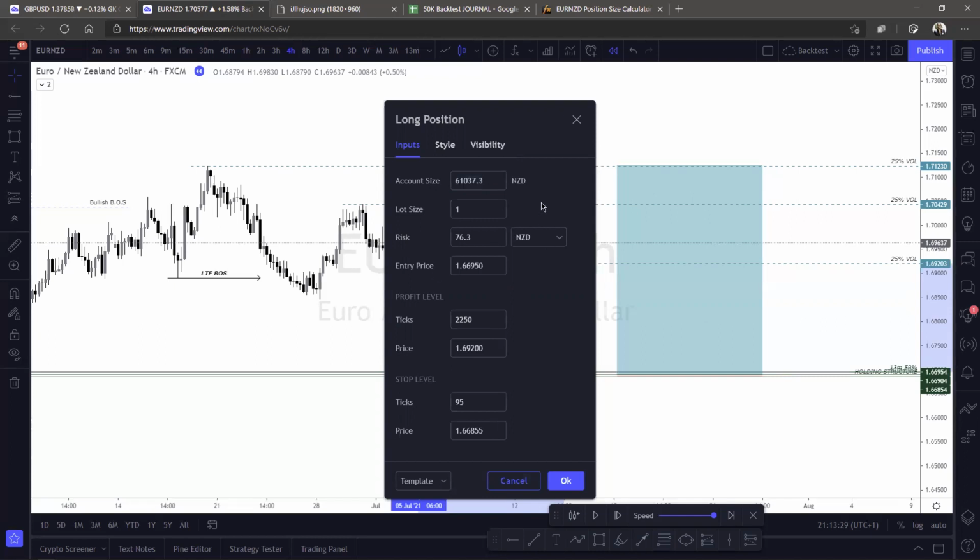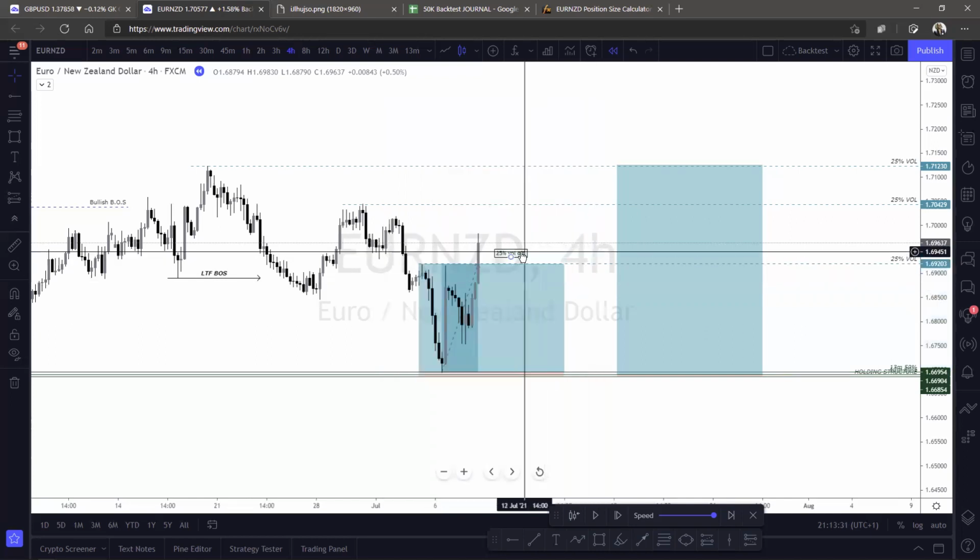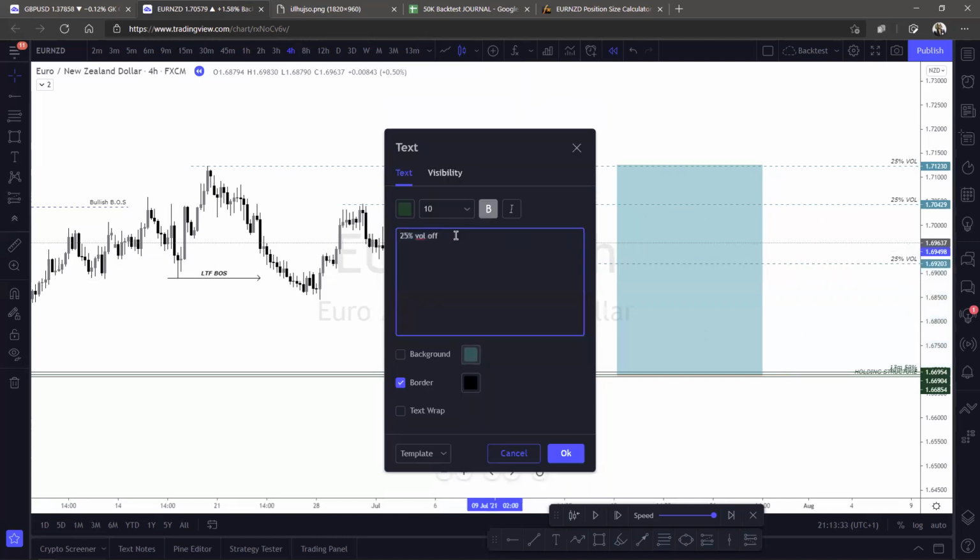Okay, so 25% off, which is 400, 451.77. Okay.